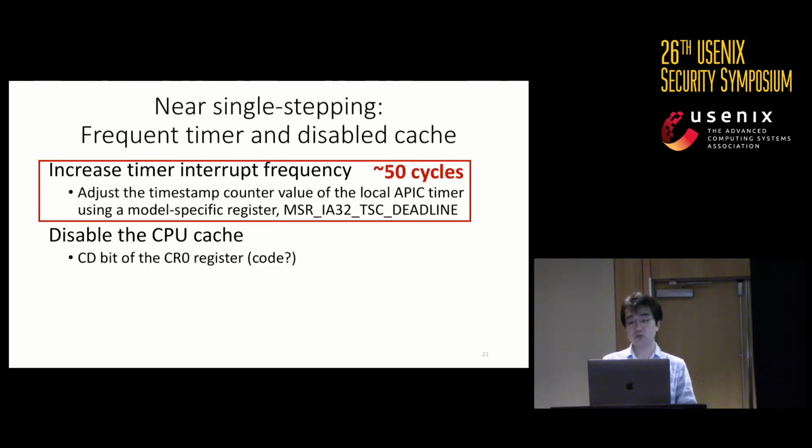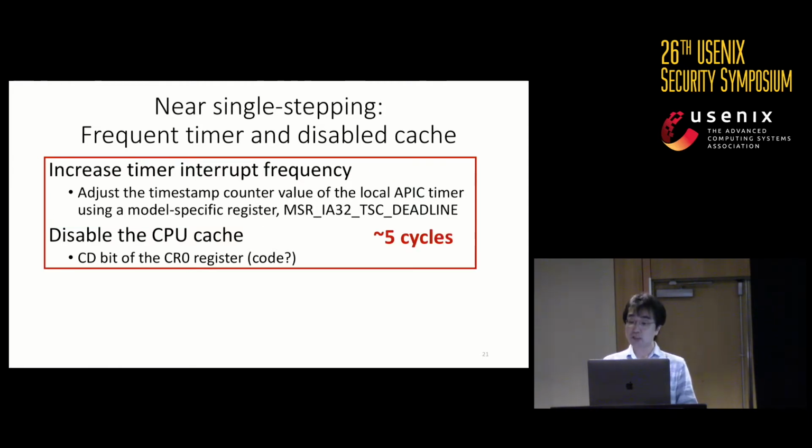By doing so, we were able to interrupt the SGX enclave at a very high frequency. Also, we set the cache disable bit of the CR0 register to disable the CPU cache. By using both approaches simultaneously, we were able to interrupt the SGX enclave every 5 cycles, which is almost ideal to perform our attack.